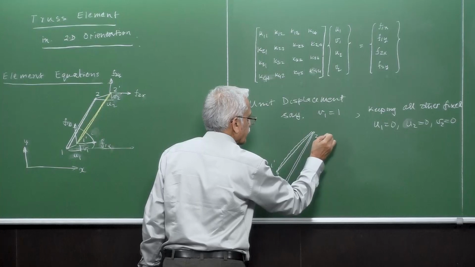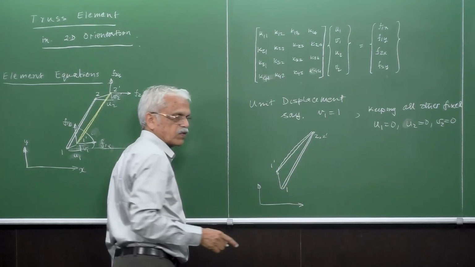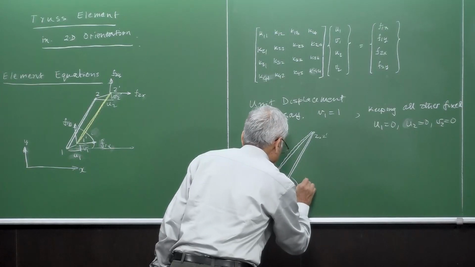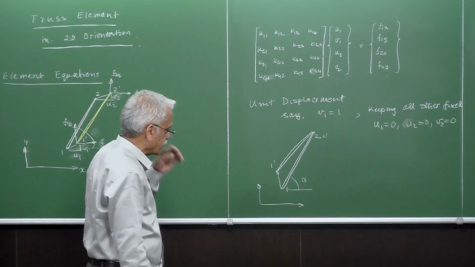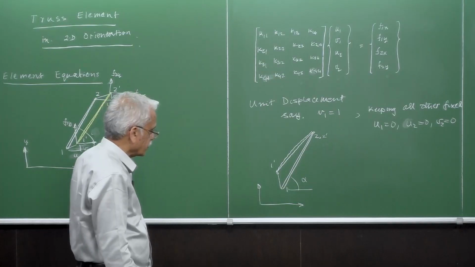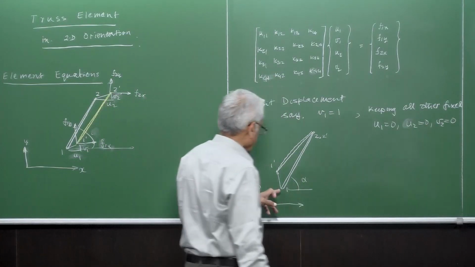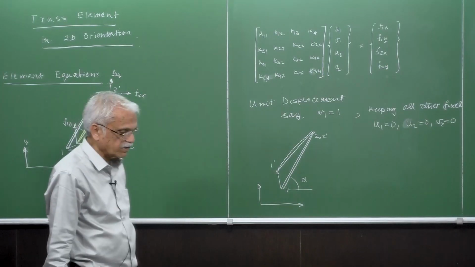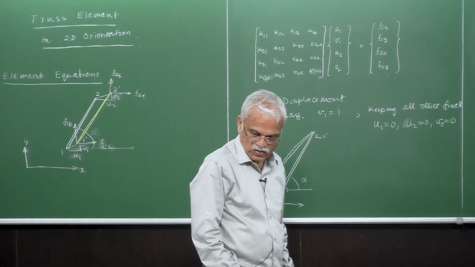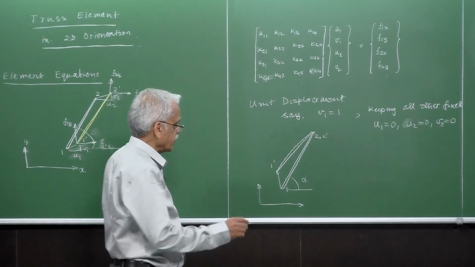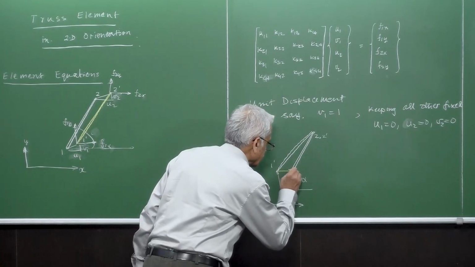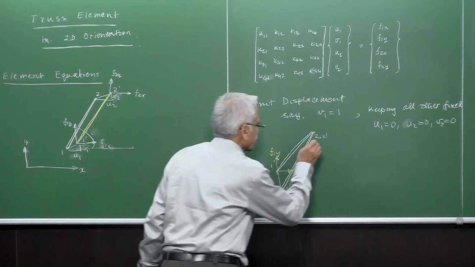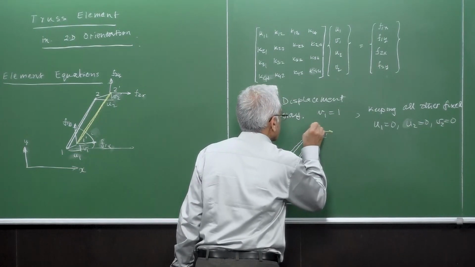So 2 and 2 prime are right here, and 1 has gone to 1 prime, and of course the orientation of the element is alpha. So if node 1 has gone to 1 prime, it happens only because there will be certain forces, forces like this: F1x, F1y, and F2x.